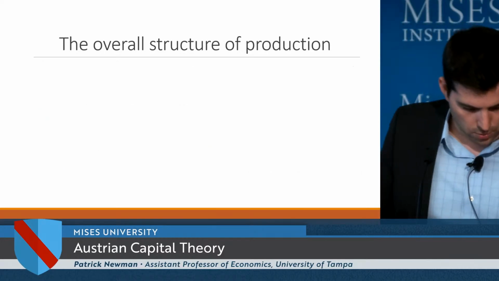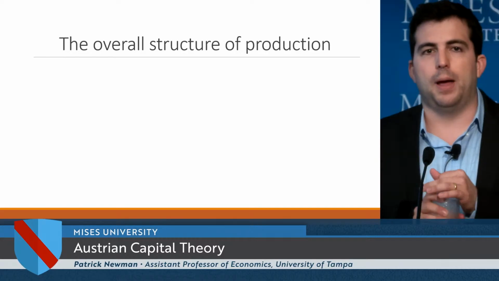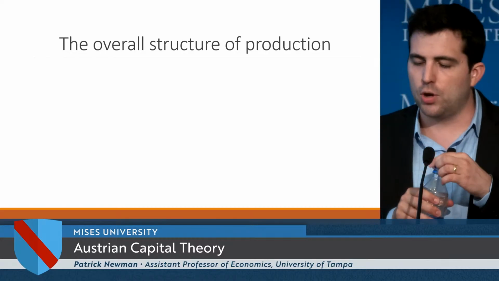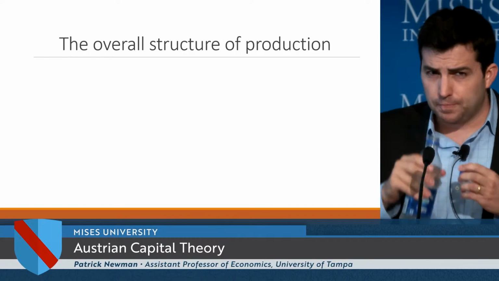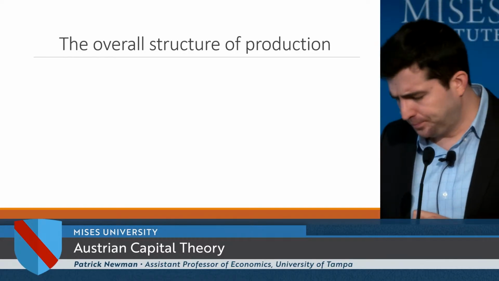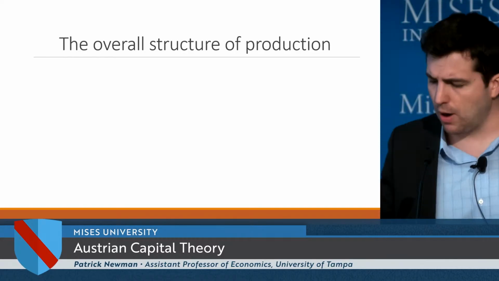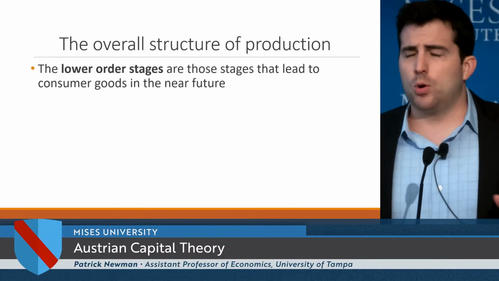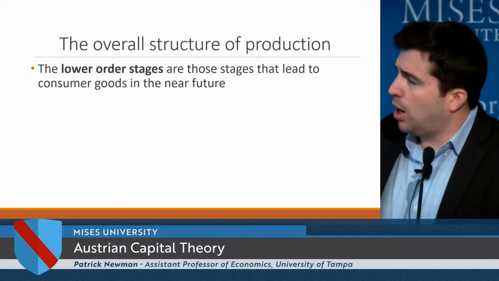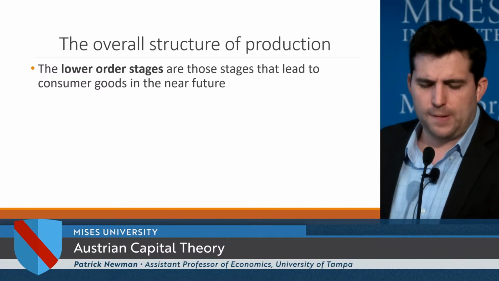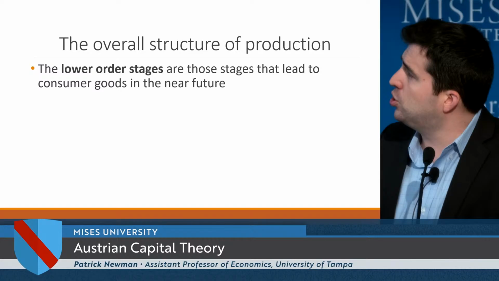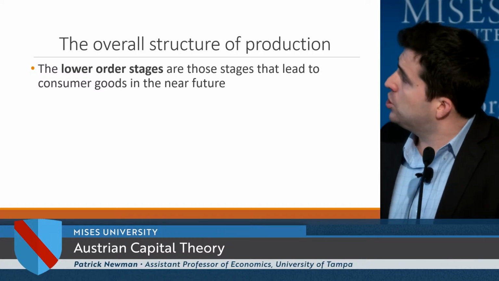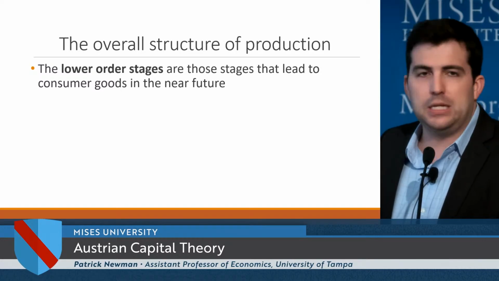All right. So just a couple things I want to note about this overall structure of production, a couple of terms Austrians have used to describe it. So we've mentioned higher orders, and I want to return to that. But I want to talk a little bit about what's known as the lower orders. So the lower order stages are those stages that lead to consumer goods in the near future.